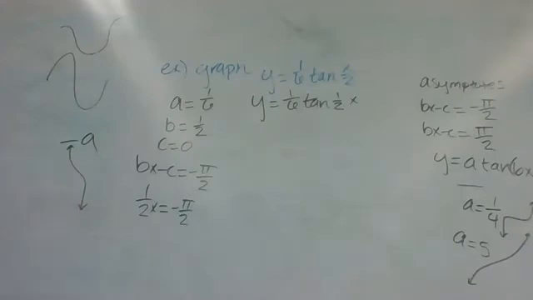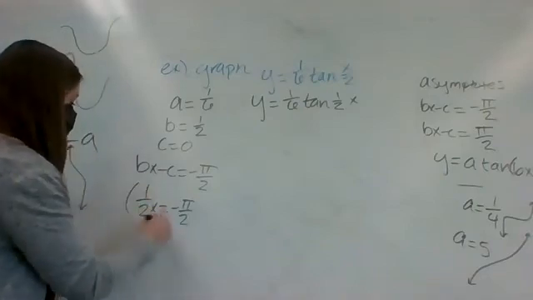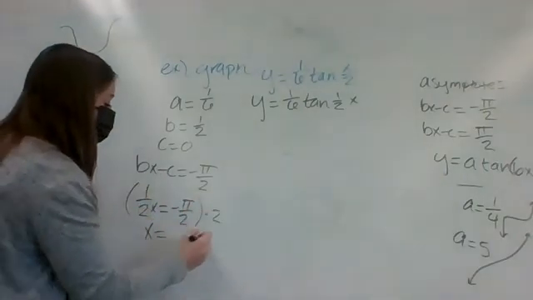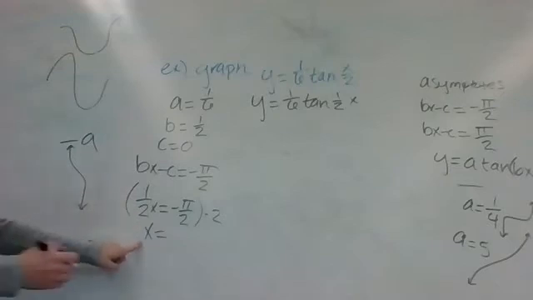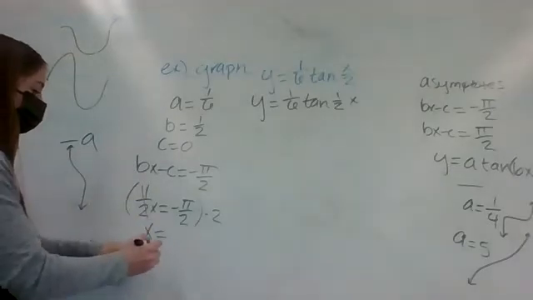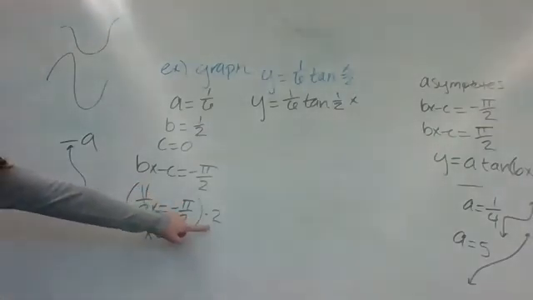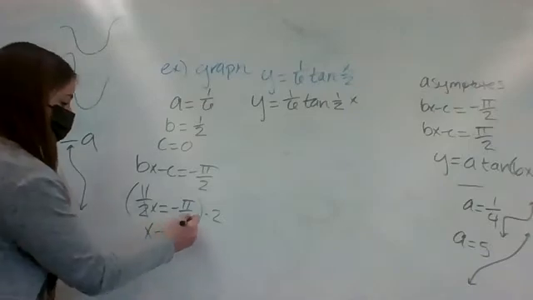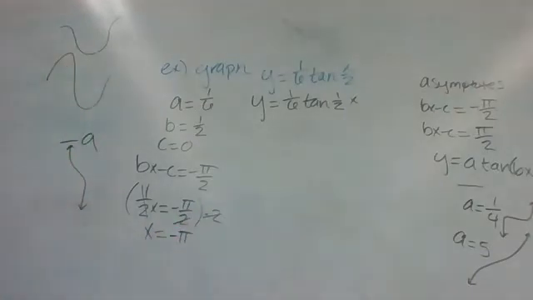As always, we just need to solve for x to find that asymptote. I'm going to multiply by positive 2 to get rid of the fraction. Multiplying both sides by 2 cancels this out to give me x. On this side, negative pi over 2 times 2, the 2's cancel to give me negative pi.